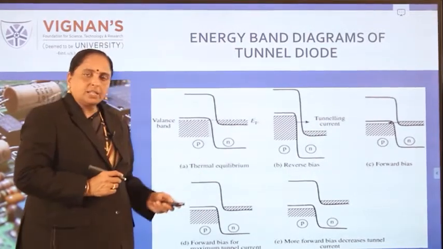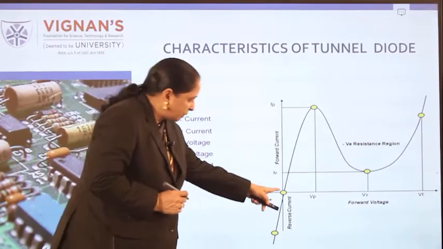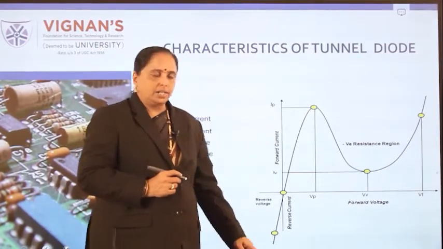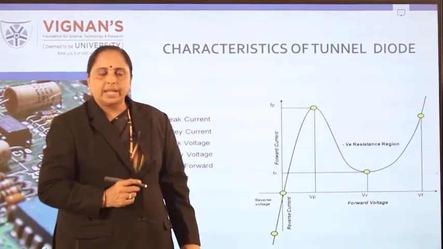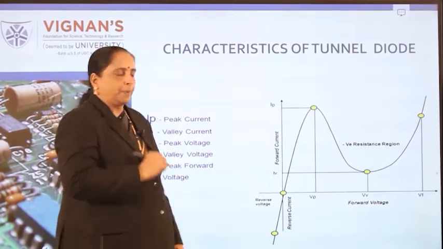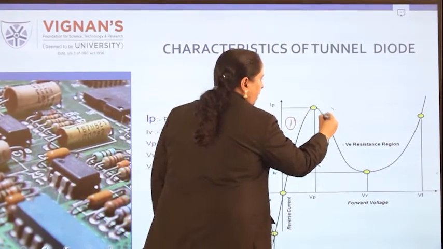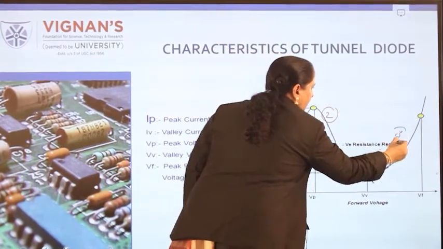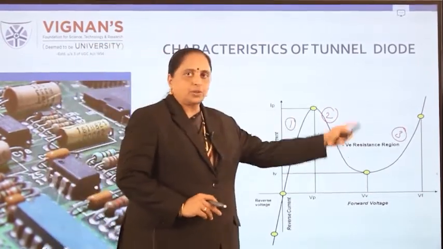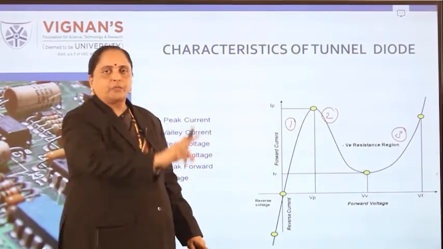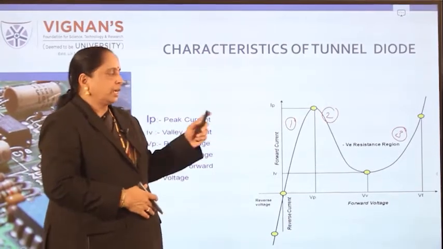Therefore, in the case of a tunnel diode, the characteristics are like this. Even in reverse bias, it conducts heavily. The total characteristics in forward bias can be divided into 3 parts: this is the first part, the second part, and this is the third part. Because the structure itself shows an oscillating property, it can be used as a microwave oscillator.